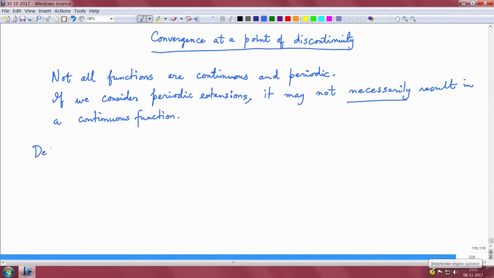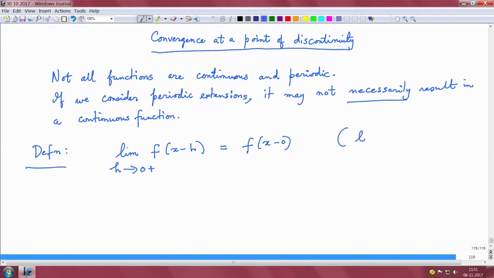We start with the following definition. We know from basic calculus, limit of f of x minus h as h tends to 0 plus is f of x minus 0. This is the left limit.